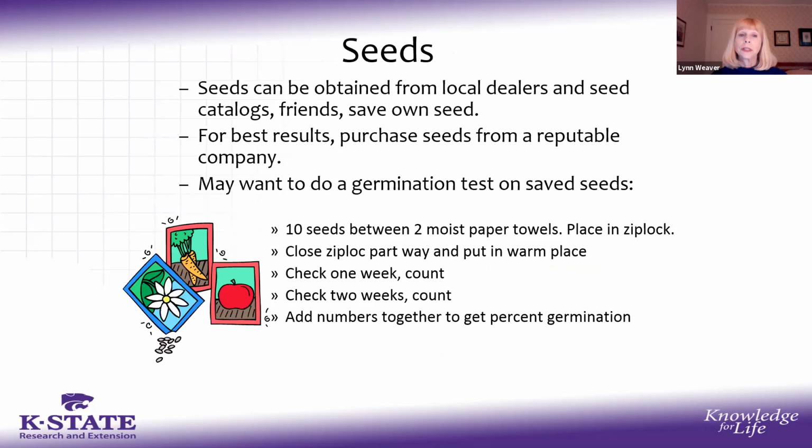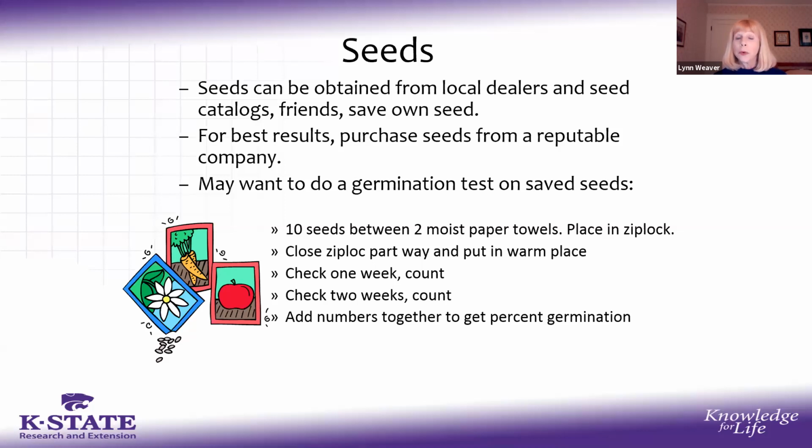If you're saving your seeds from prior years, you can do a germination test on those to make sure they are viable. It's pretty straightforward. Take 10 seeds, place them between 2 moist paper towels, not sopping wet, but just moist. Place those paper towels in a Ziploc, closed part way, and put that Ziploc in a warm place.